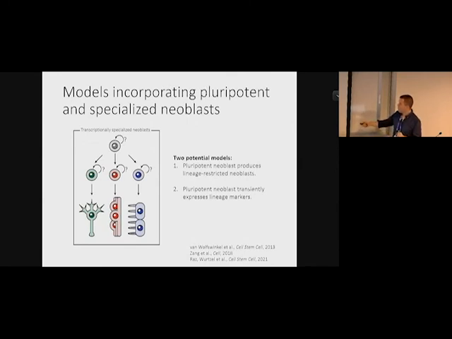One model is that the pluripotent neoblast produces lineage-restricted neoblasts, which could either be proliferative or not, but they form the differentiated cell types based on their identity. The other model is that pluripotent neoblasts just transiently express some factors that we associate with the lineage, but it's not commitment. It's just part of the process of forming asymmetric progeny.